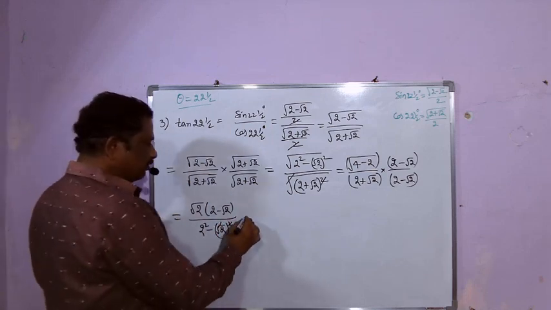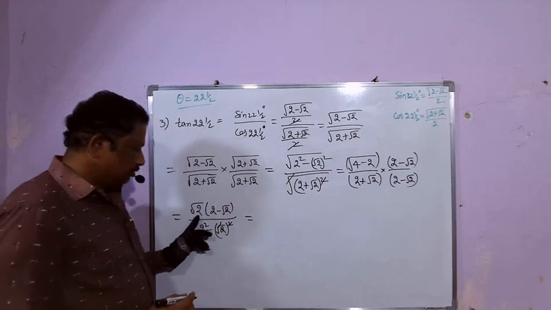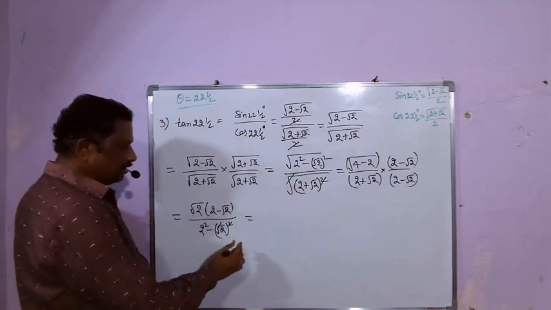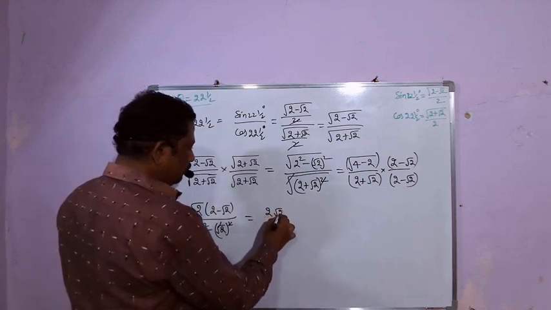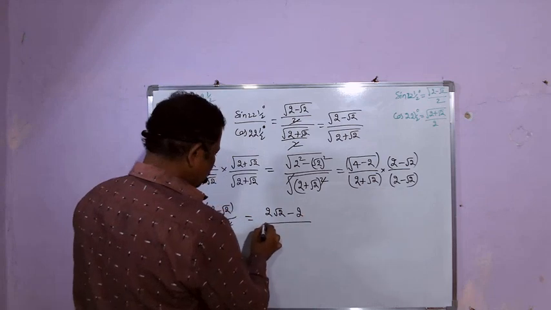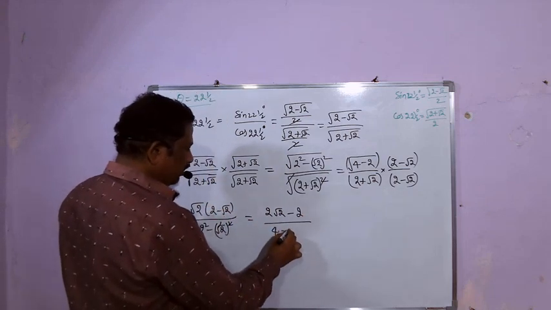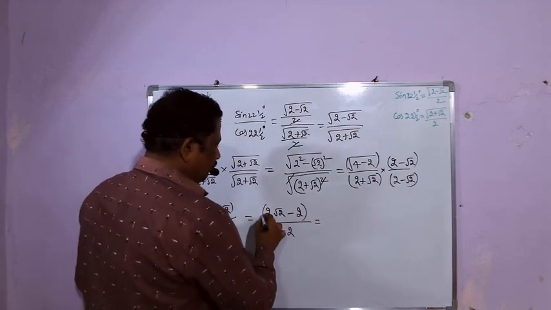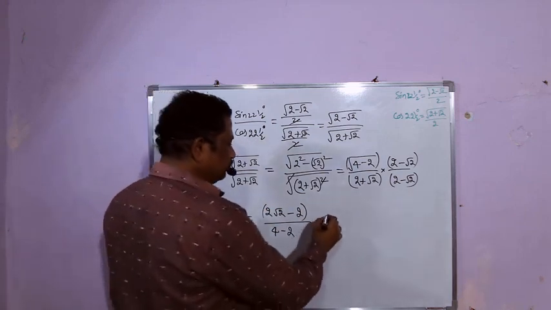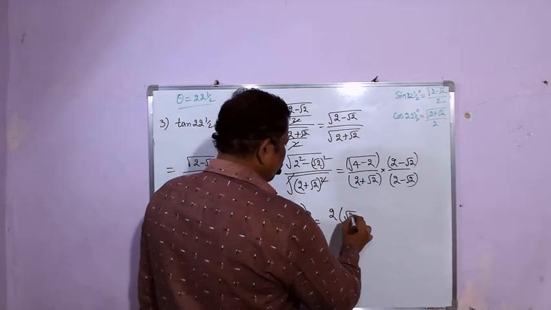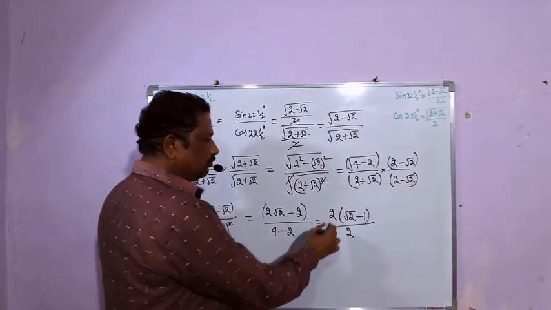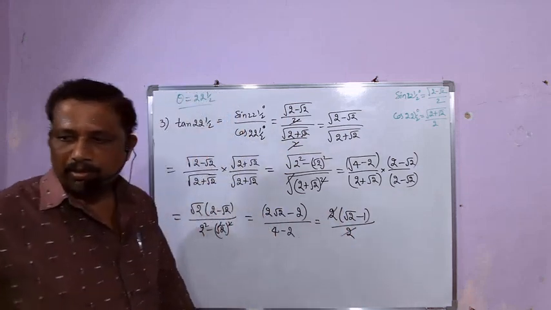Now what is left behind? Root 2 multiplied inside: 2 into root 2 minus root 2 into root 2, which is 2, divided by 4 minus 2. From the numerator we can take out 2 common. So that will become root 2 minus 1 by 4 minus 2, and here the 2 gets cancelled. So what is left behind?